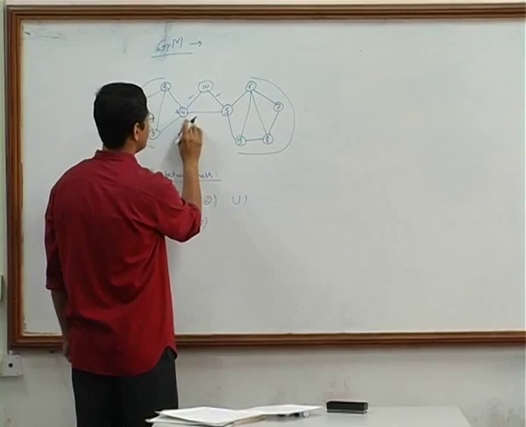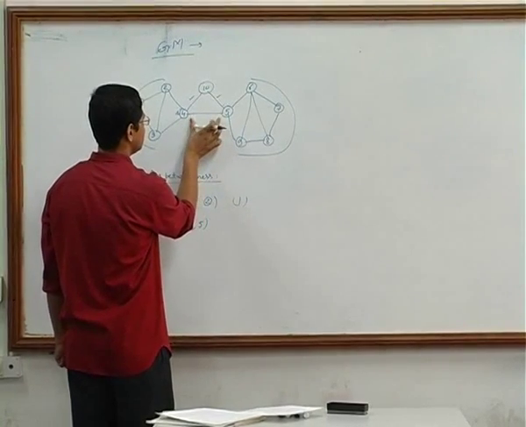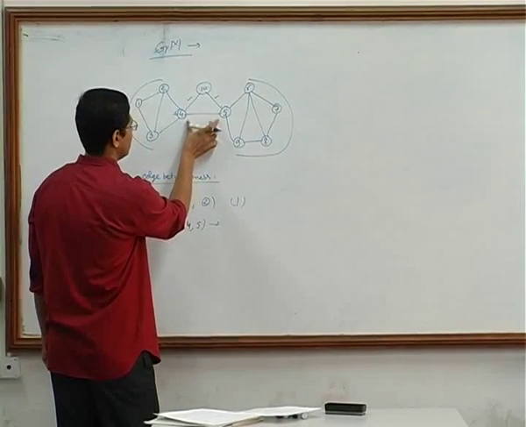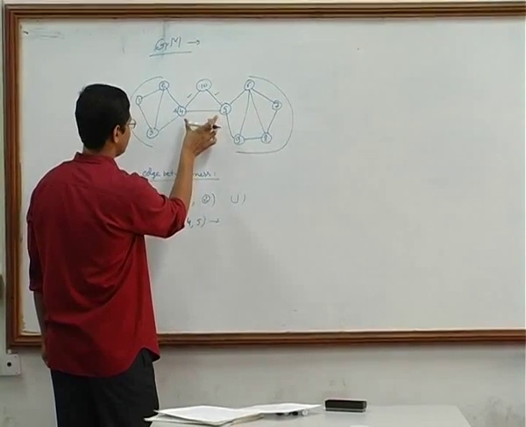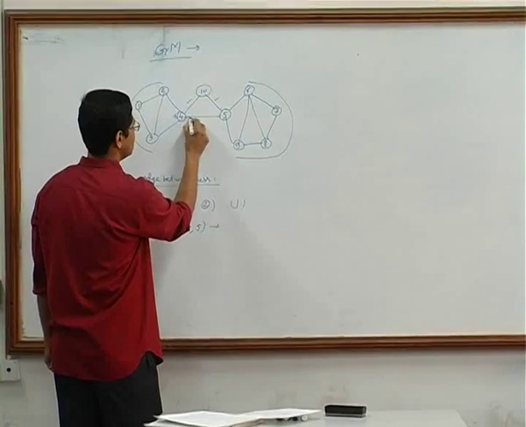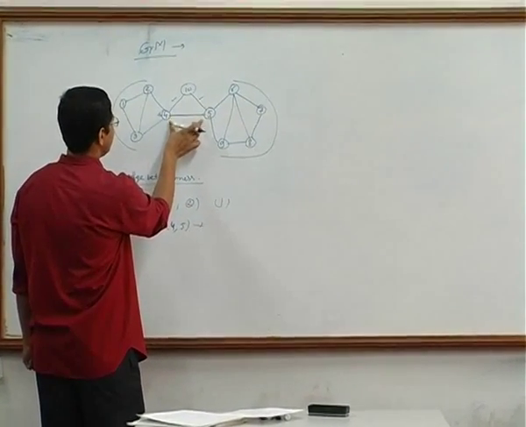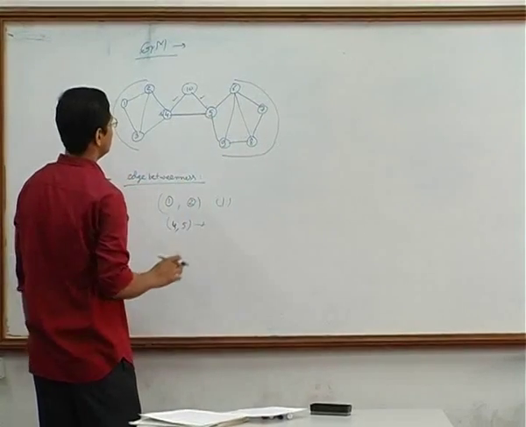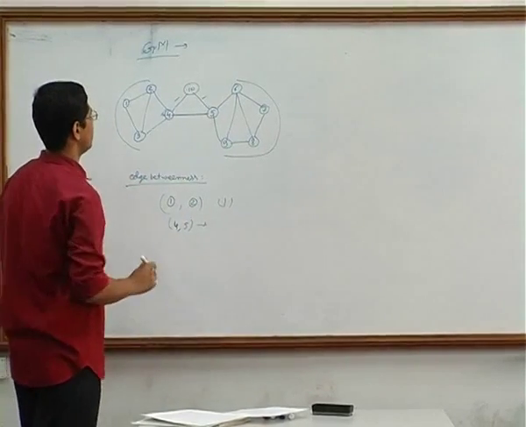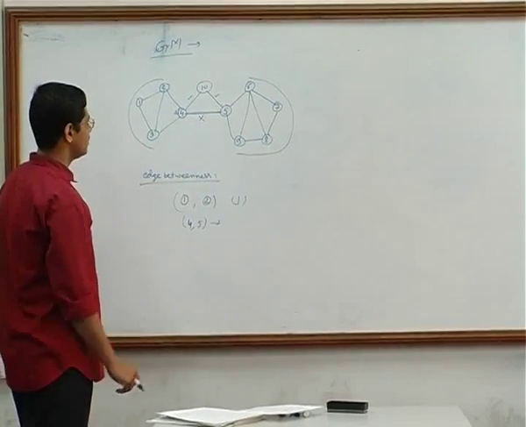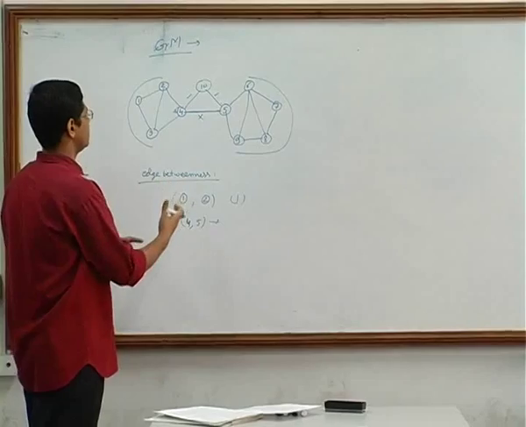So the edge which connects the nodes 4 and 5 will have a very high edge betweenness. So in the Girvan-Newman algorithm, we just break such kinds of edges and then recalculate the betweenness.